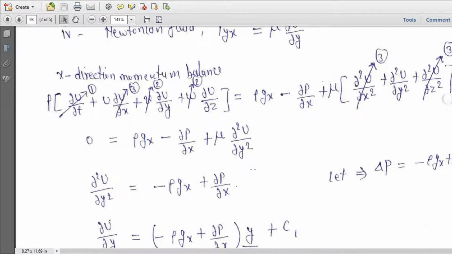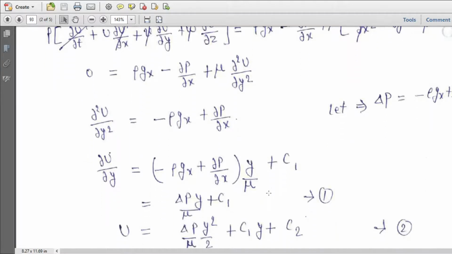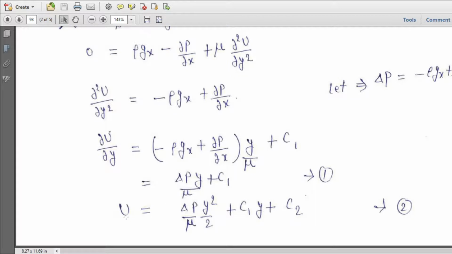So we can write del square U upon del Y square equals minus rho gx plus del P upon del X over mu, and considering delta P dash equal to minus rho gx plus del P upon del X, where delta P dash is the modified pressure, we can integrate it and we get a constant C1. Then integrating again, we get U equals delta P dash upon mu, Y square upon 2, plus C1 Y plus C2.